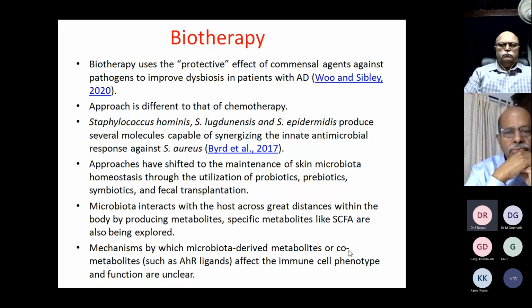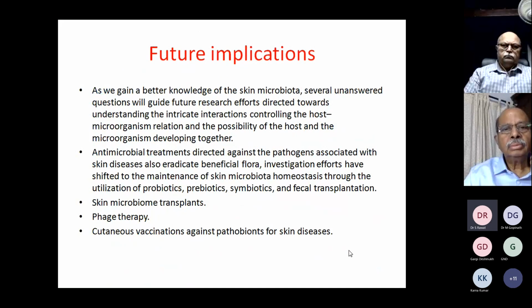And now the various mechanisms are also evolving day by day, where they are seeing that these metabolites are acting as ligands and they affect even the immune cell phenotype which is developing, or which way the immune cell is producing. However, the exact mechanisms of these are yet to be explored, and as of now they are unclear.